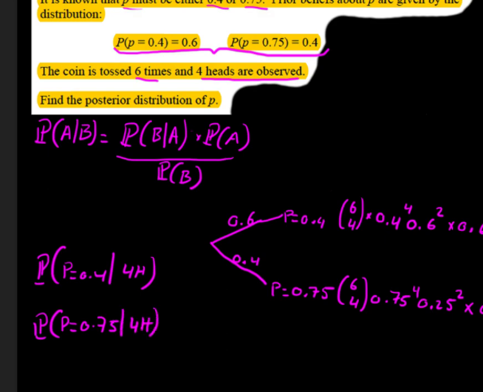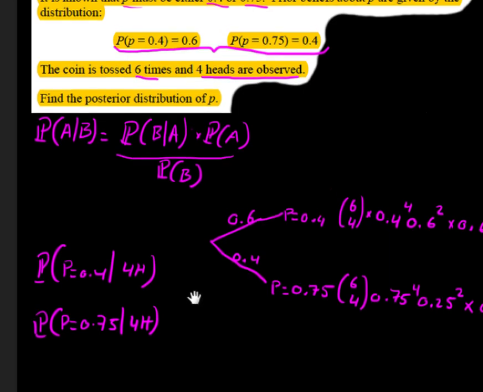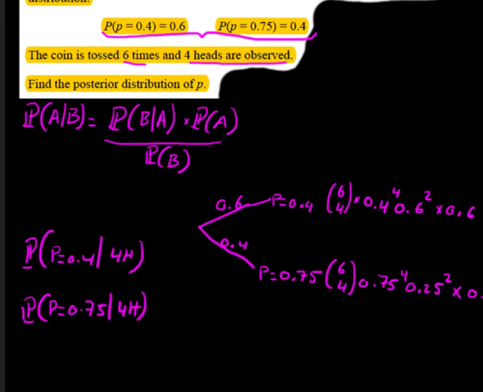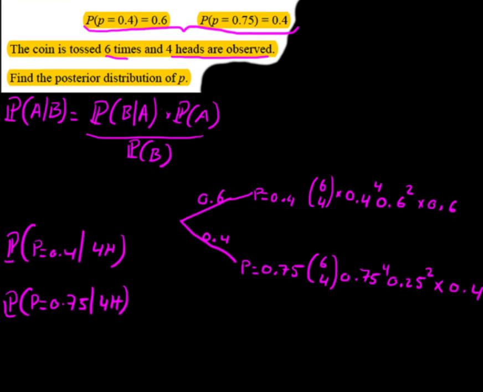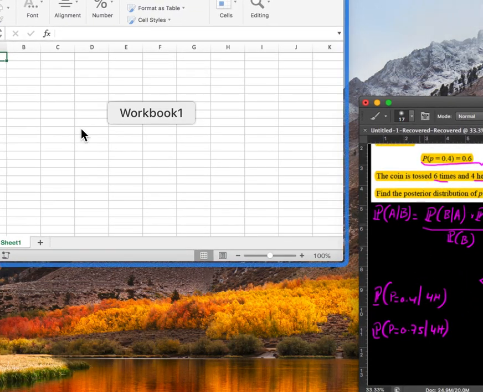And then depending on the answers you get, you can try to decide on which coin I was using. So this whole thing divided by the sum of the 2, and this whole thing divided by the sum of the 2 will give us each of these answers. So let's work that out in Excel and see what we get.